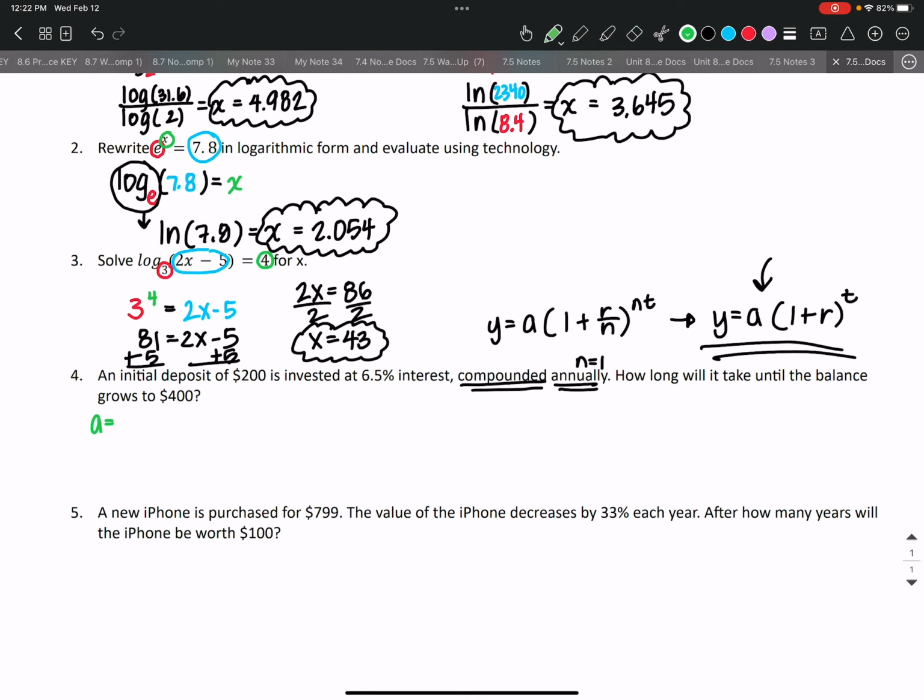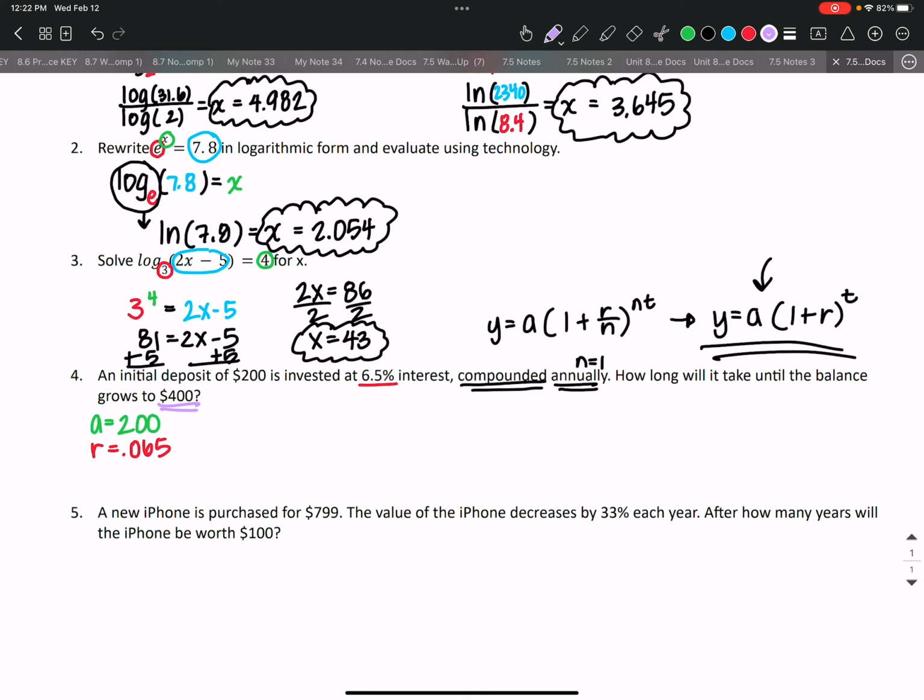A is, in this case, my initial value, which is $200. The r is 6.5% converted to a decimal, so 0.065. And then the 400 that I see here is not my exponent like I'm used to my other number being.